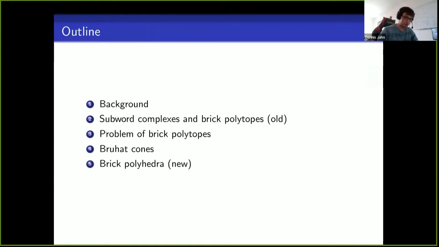Brick polytopes were introduced for spherical subword complexes, and I tell you a little bit what problems appear if we want to consider them for all types of subword complexes, and how Bruhat cones appear in this setting. Then we combine Bruhat cones with brick polytopes to define brick polyhedra for subword complexes. And I'll then show you what statements that were previously known for brick polytopes carry over to brick polyhedra and how we have to adjust them.